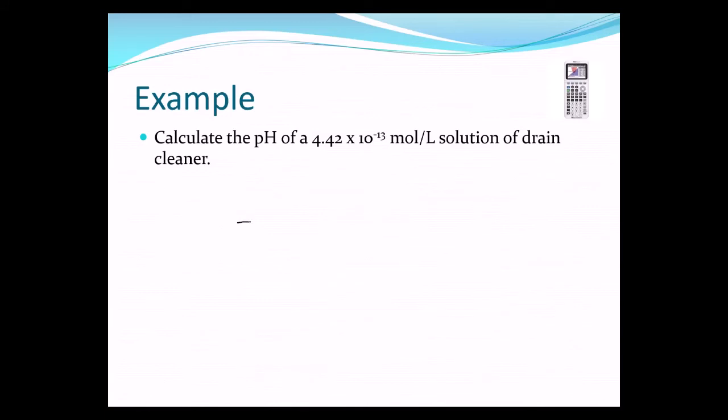Same thing here. We would just take the negative log of that number, 4.42 times 10 to the minus 13. If I type in negative log of 4.42 times 10 to the minus 13, it should give you 12.35577. And I guess I didn't really talk about sig digs.